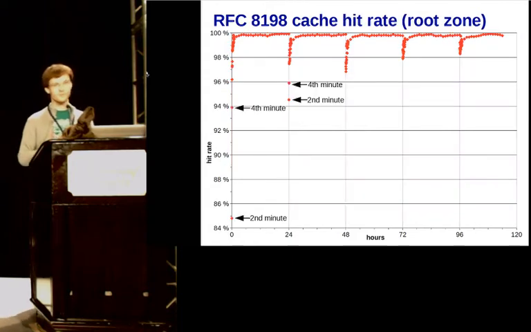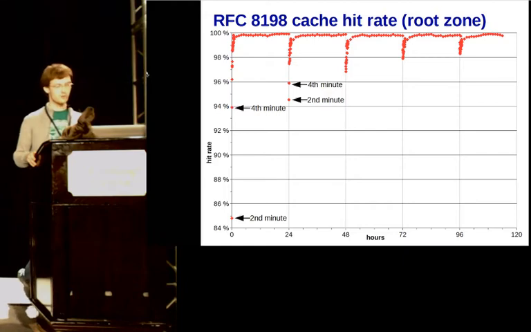So now we will focus on the aggressive use of cache. You can see the sharp drop after 24 hours. There are some data points which are marked specially. You can see that after 2 minutes from the start of the resolver, the average hit rate is about 85%.